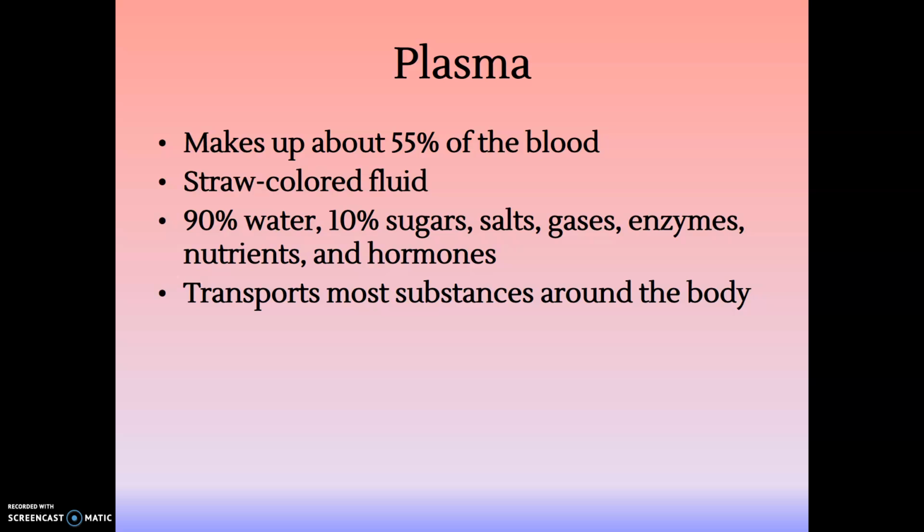It is comprised of about 90% water, 10% sugars, salts, gases, enzymes, nutrients, and other hormones. And this fluid acts as the transport medium to take all the substances around our bodies.